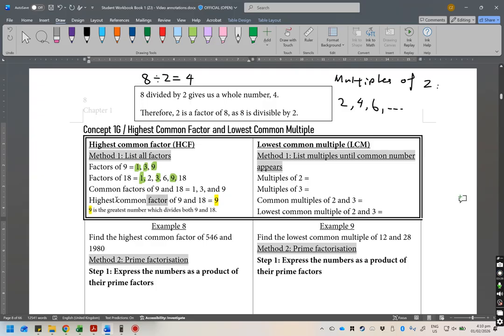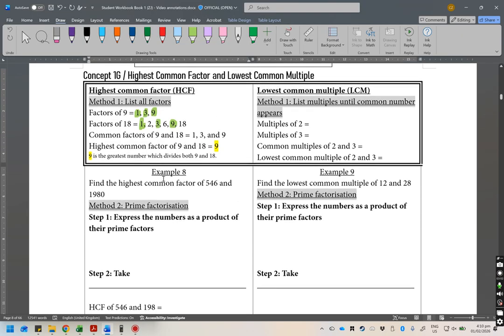Sometimes highest common factor can also be called the greatest common divisor. But for our purpose, as long as you see a synonym to highest, you can tell that the question is trying to ask for HCF, highest common factor.